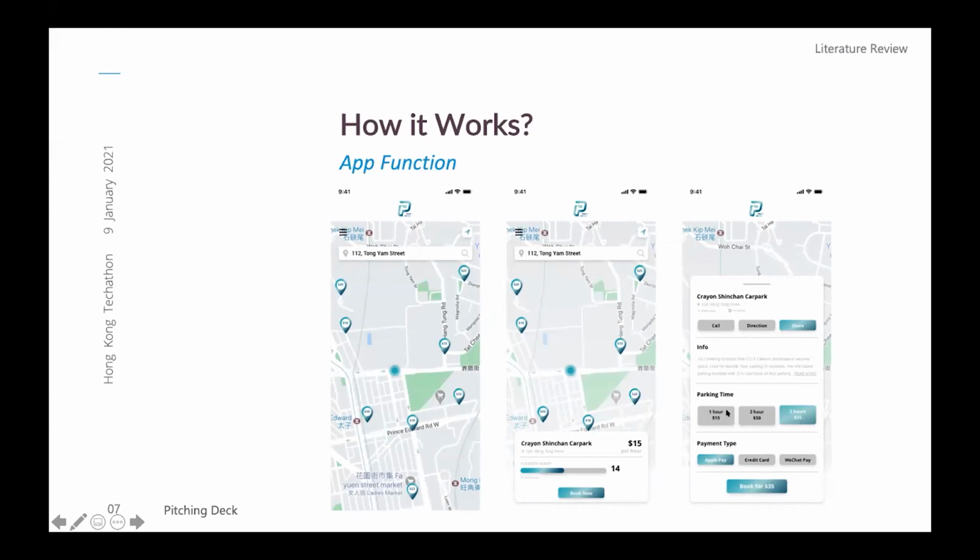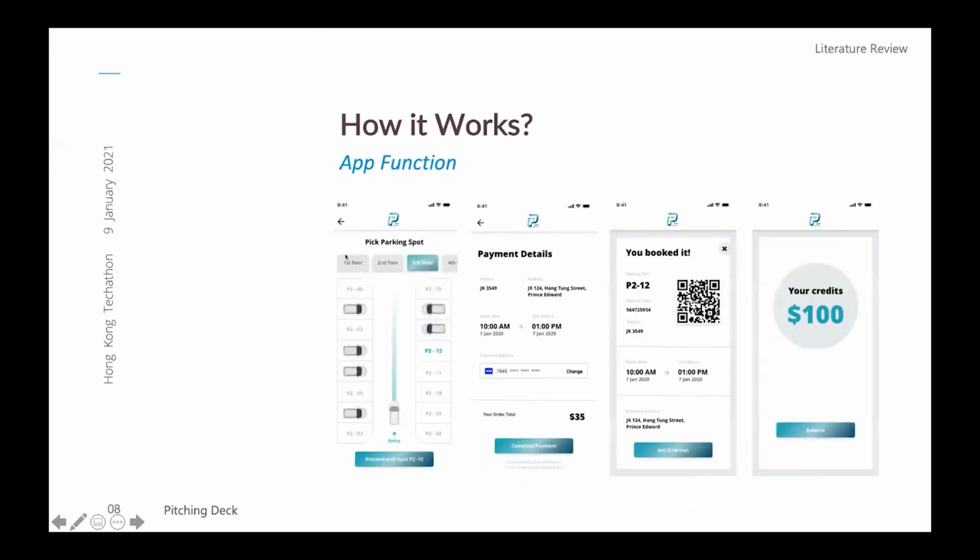They can choose how many hours they want to park and which payment type they would like to use. After that, the app shows the parking spots, and they can choose a specific spot. After choosing, they proceed to payment, and simply use the payment code to go to their parking spot.